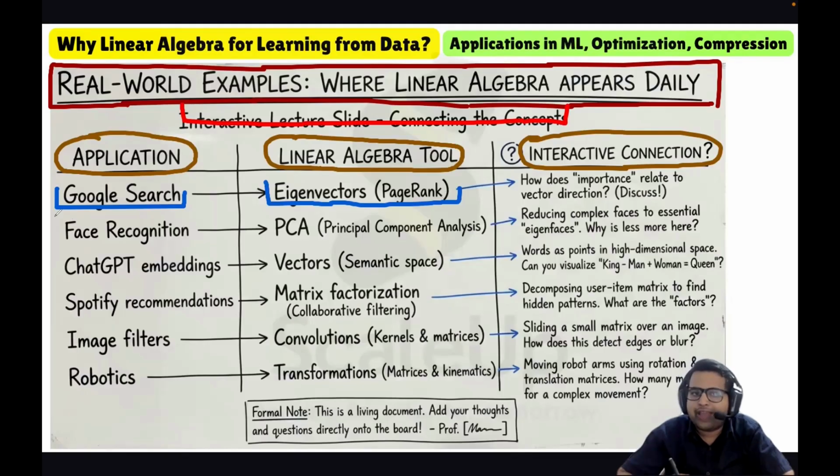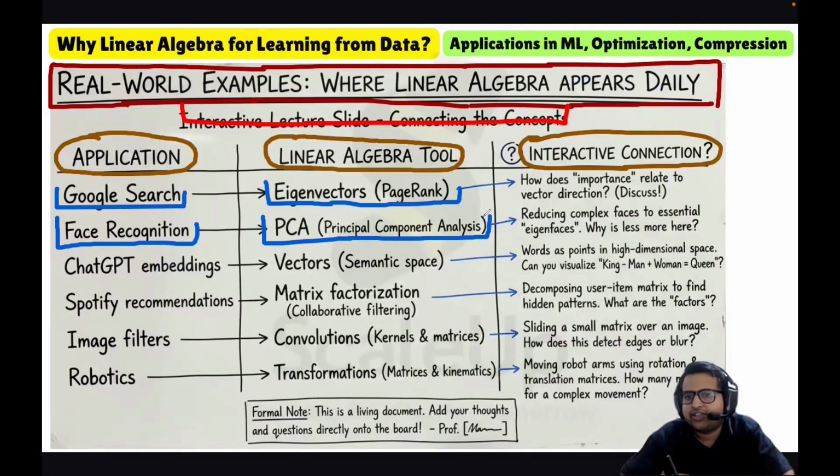Now if we talk about the application of face recognition, in face recognition, we make use of principal component analysis, wherein we reduce the complex faces to essential eigenfaces. In the ChatGPT embeddings application, we make use of vectors, semantic space.